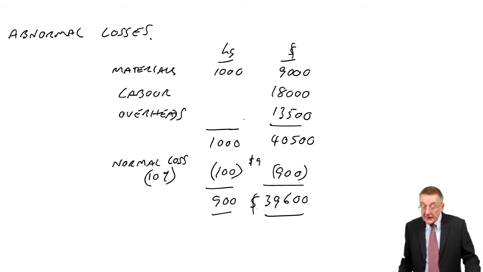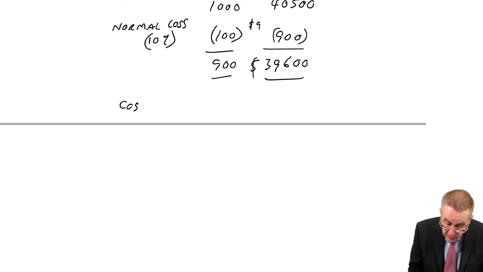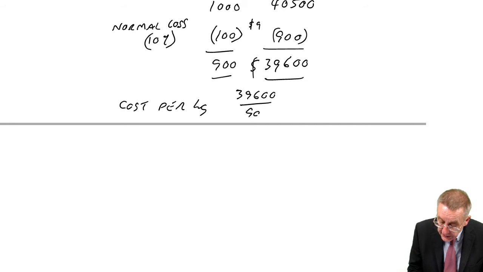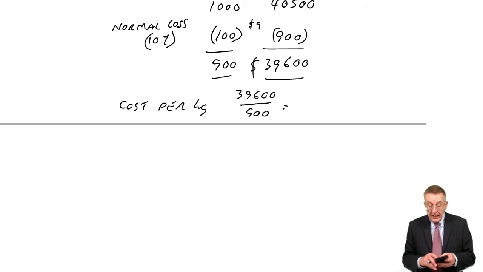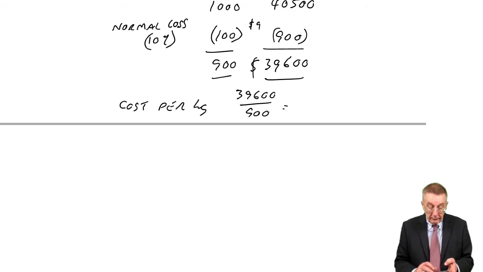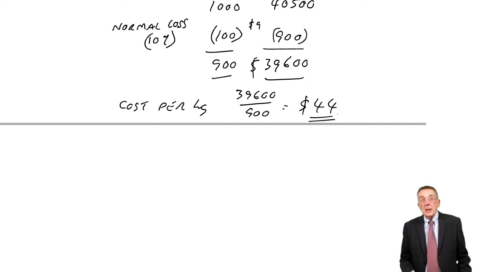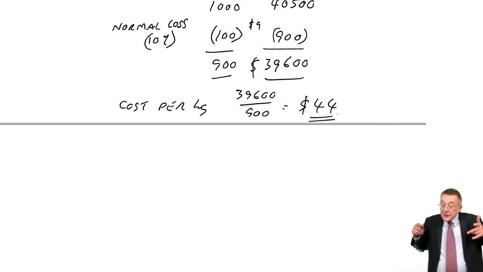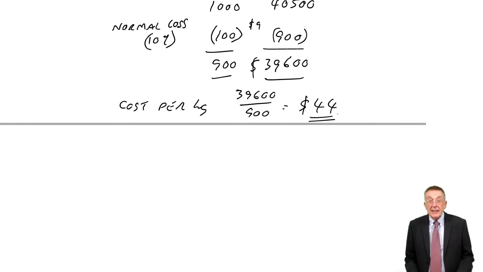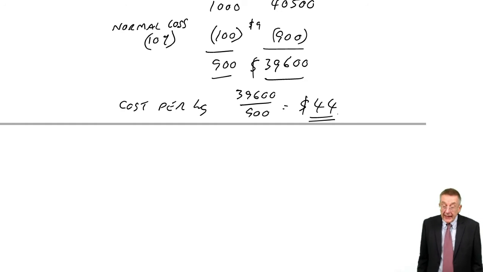On that basis, the cost per kilo, 39,600 in total divided by 900, is $44. So there is the cost per unit, but that's based on what we expect to happen.